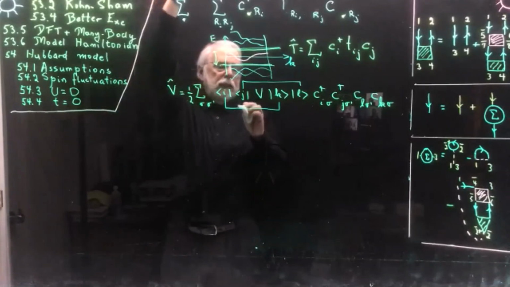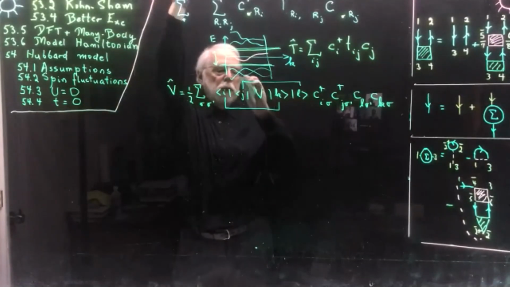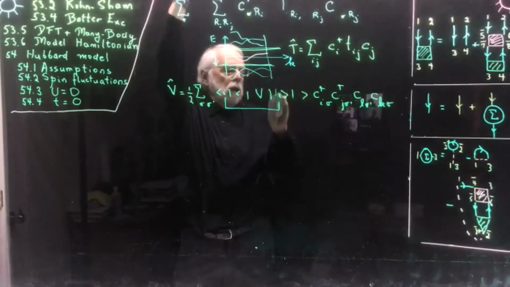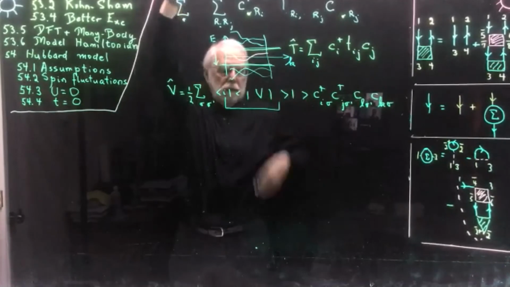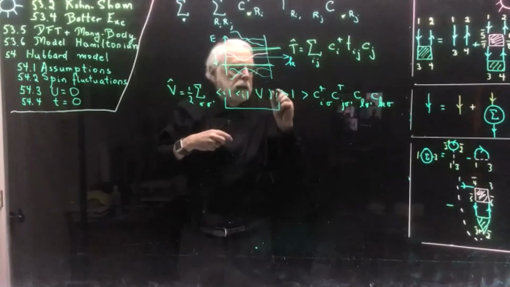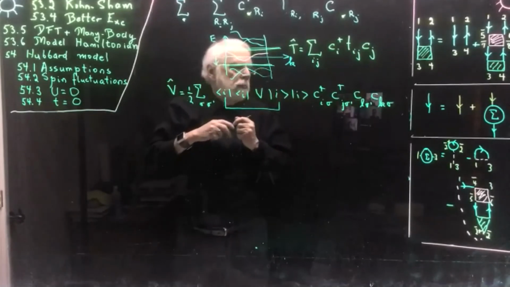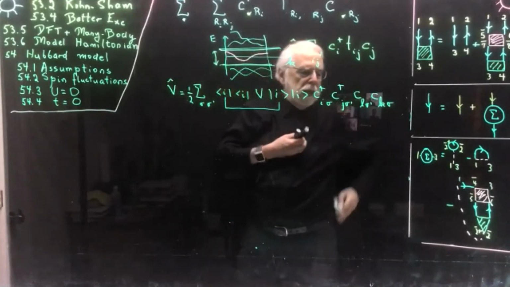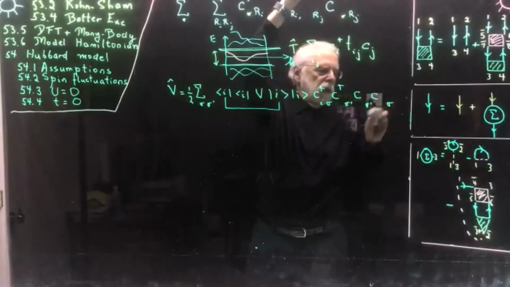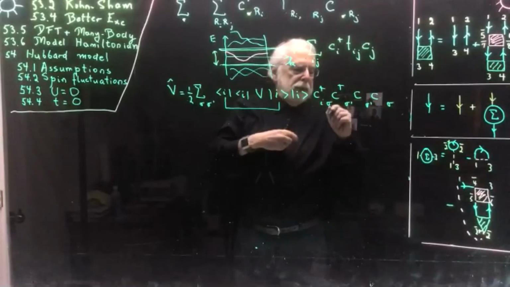So what Hubbard said is, well, okay, the most important elements here will be those where everything is on the same site. Okay. So he said, I can do this weekend. So you have i here, okay? And then this becomes i. This becomes the same site, i.